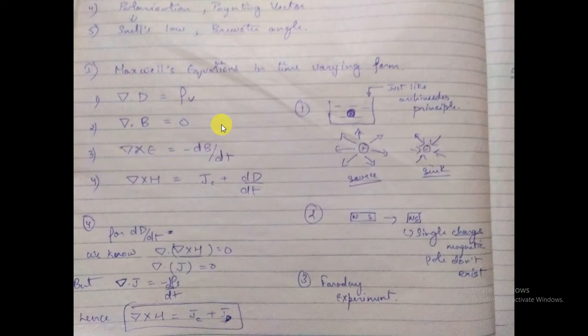This cycle goes on and forms the wave equation, del square E by dz square equal to 1 by c square del square E by dt square. Why is there a double derivative? Because of this: D produces H, which produces E again. That's why there is a double derivative in the equation.